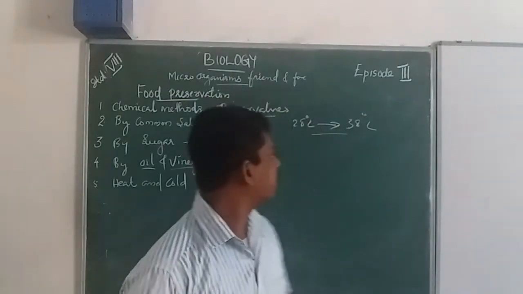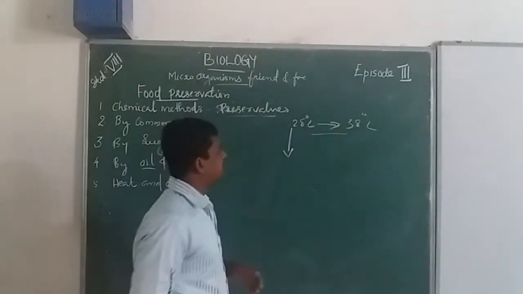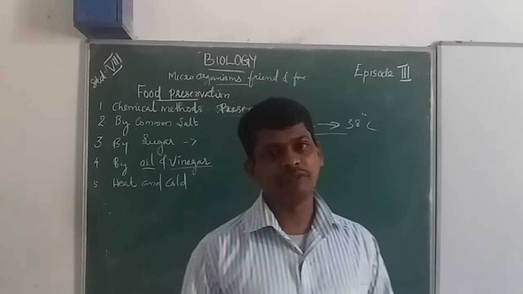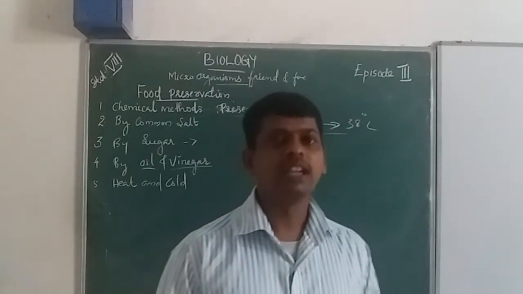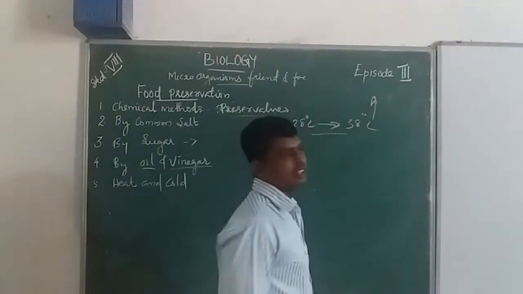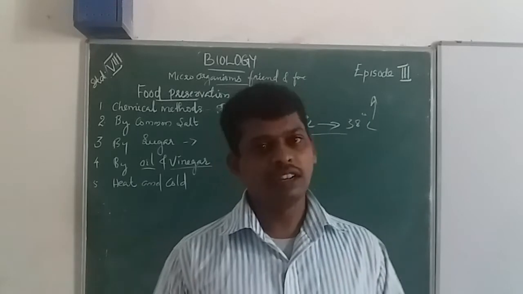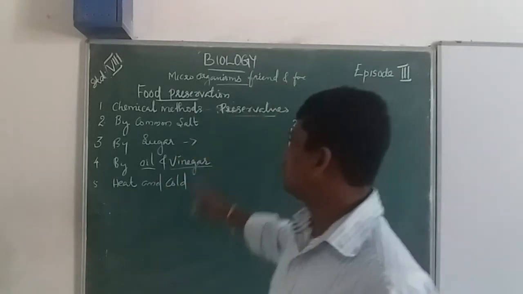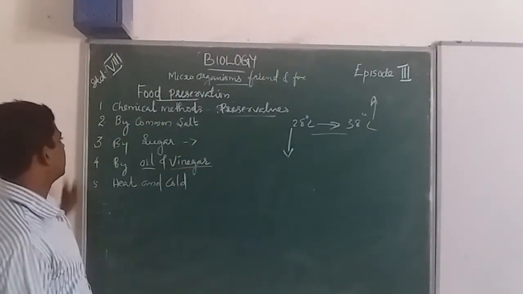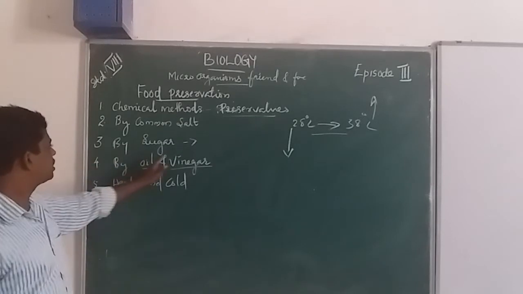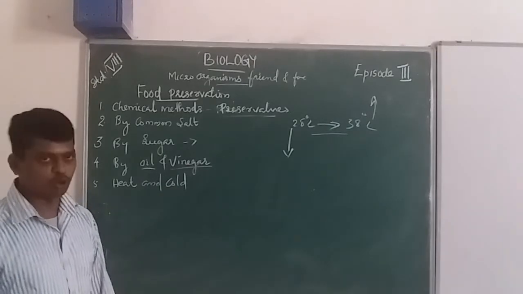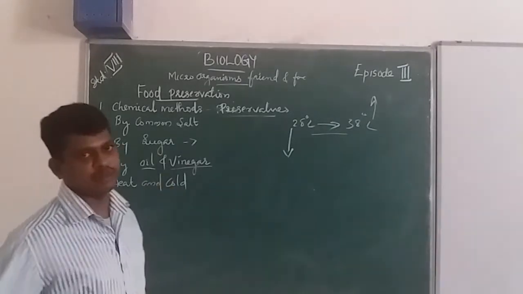So when we cool it below 28 degrees Celsius, the bacteria and larvae become inactive, and when we heat it, the bacteria are destroyed. So food preservation has 5 types. First is chemical methods, second is common salt, third is sugar, fourth is oil and vinegar, and fifth is heat and cold. This is food preservation.